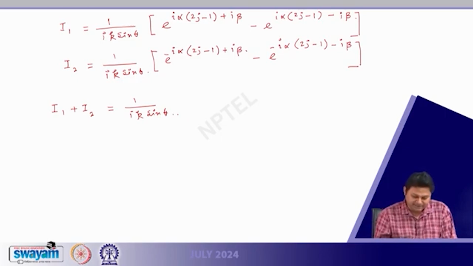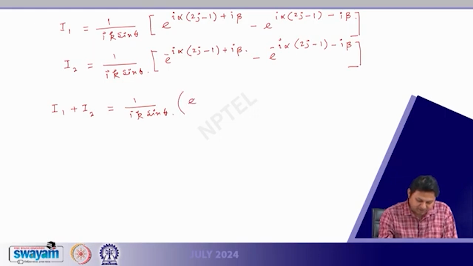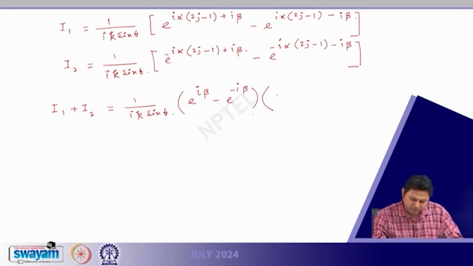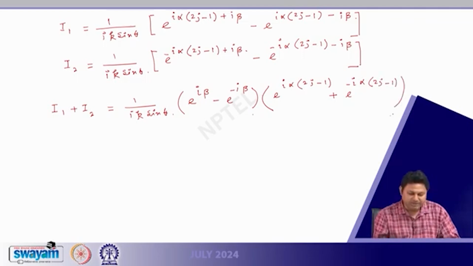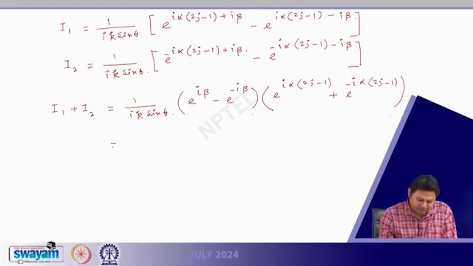So, that thing again we can take common, and if we do so, then essentially what we get is e to the power I beta minus e to the power of minus I beta, multiplied by e to the power of I alpha (2j minus 1) plus e to the power of I alpha with a negative sign (2j minus 1).